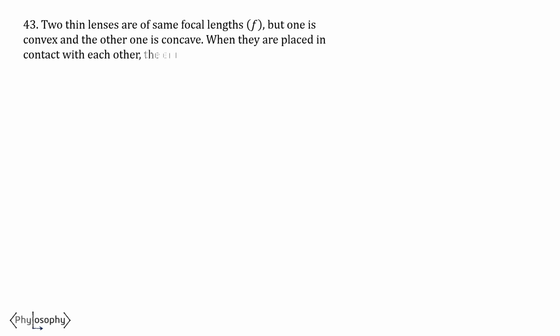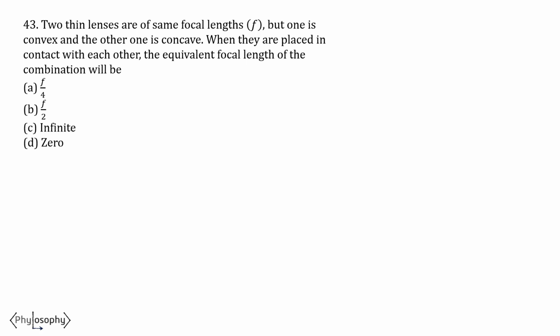Two thin lenses are of the same focal length f, but one is convex and the other is concave. When they are placed in contact with each other, the equivalent focal length of the combination will be, and we have to choose the correct answer from these given 4 options. We know that the effective focal length of a combination of two lenses having focal lengths f1 and f2 is given by 1 over f equivalent is equal to 1 over f1 plus 1 over f2.